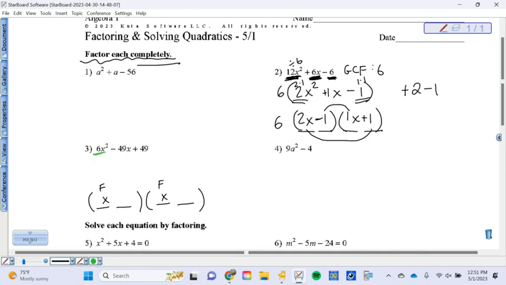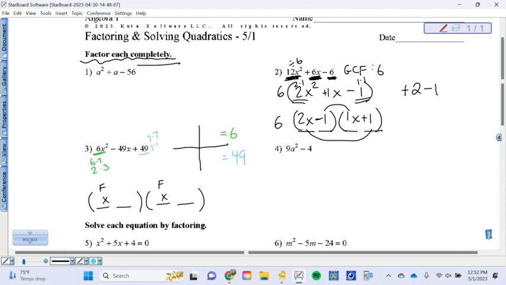So I have to look at this first number, 6 times 1. What's another factor of 6? 2 and 3, okay? And let's make our little T chart over here. My first times first has to definitely give me 6. What does my last times last have to give me? 49. What are the factors of 49?